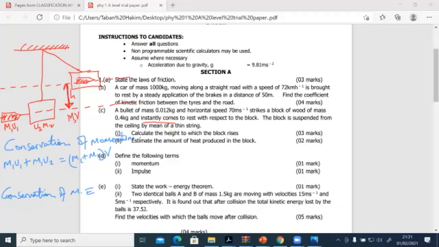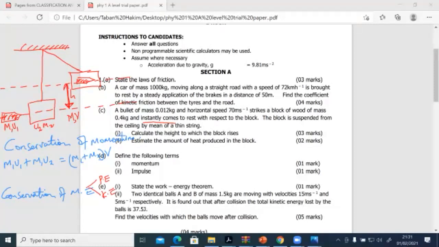Then how about the conservation of mechanical energy? Remember, mechanical energy is all about potential energy and kinetic energy. So mechanical energy is the sum of these two.